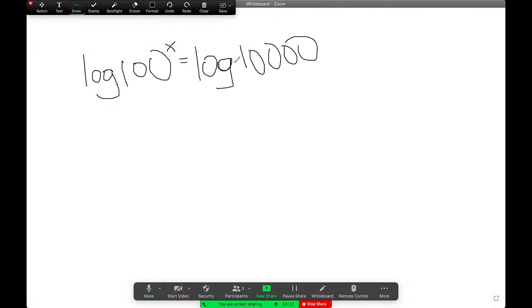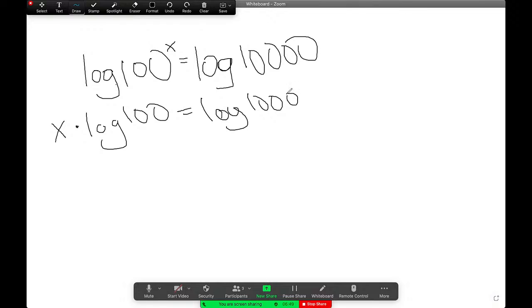And so let's try to find the value of this. Let's just use the property to find it out, because normally the numbers won't be this simple. So now we can solve log of 100. Log base 10 of 100 is 2, so we get 2x.